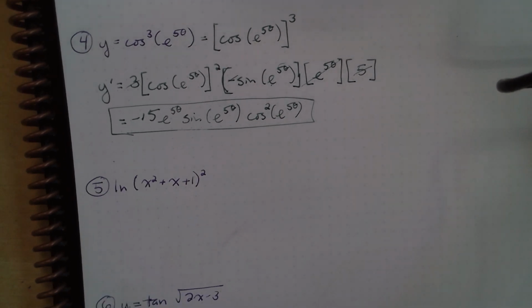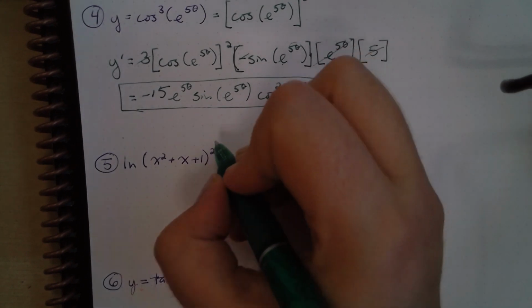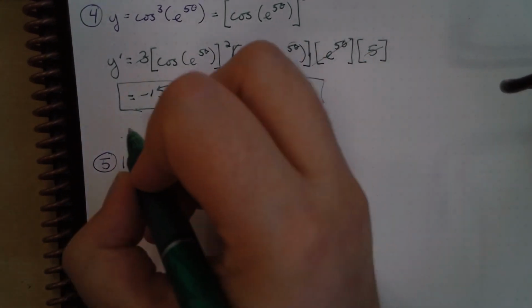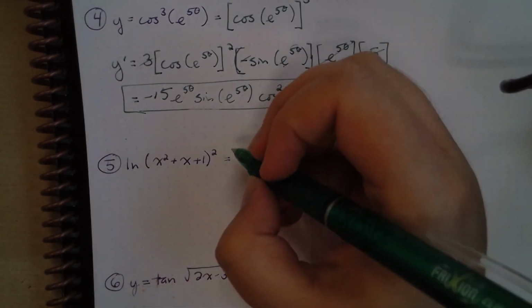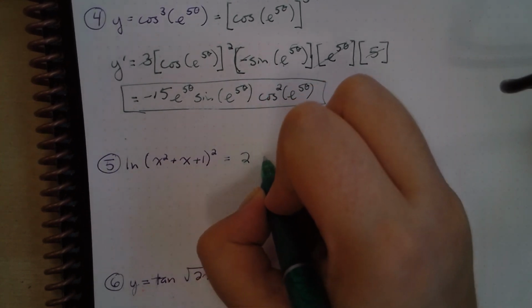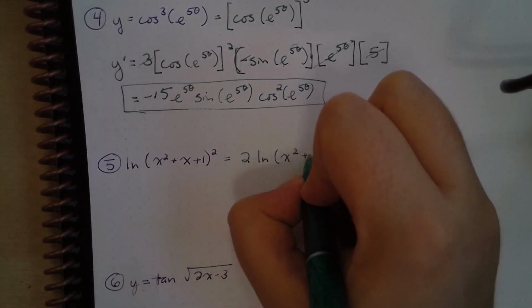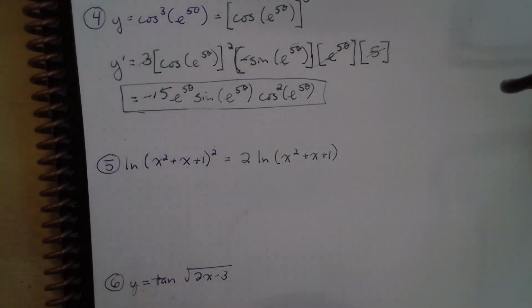All right, here we have the natural log of x squared plus x plus 1 quantity squared. Well, I can rewrite that. It looks like I didn't even write that this is f of x, but this is equal to 2, I'm going to use my exponent rules for logarithms, 2 times the natural log of x squared plus x plus 1, right?